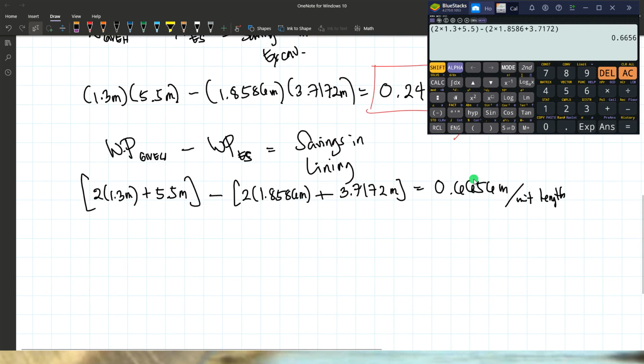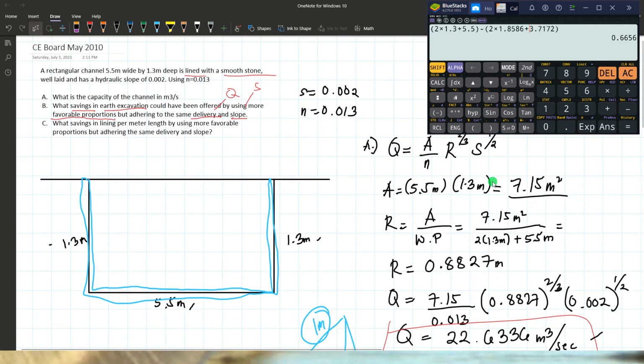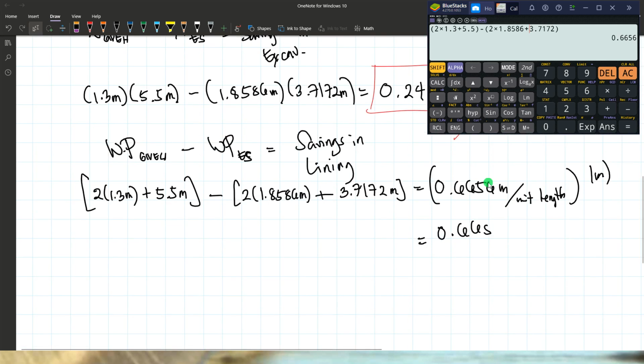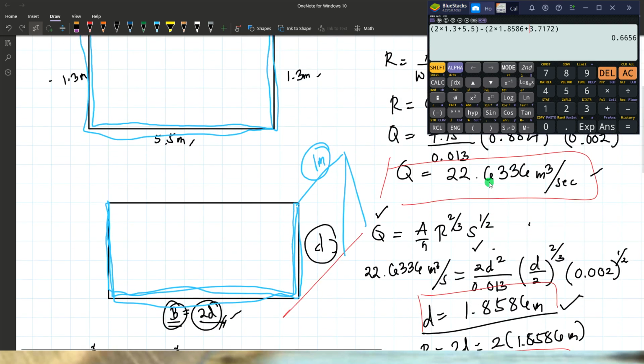Let's just multiply this by 1 meter, the total length. It means that when we lay out the lining of smooth stone, we can save 0.6656 square meter of lining in every 1 meter. So in every 1 meter length, we save an area.